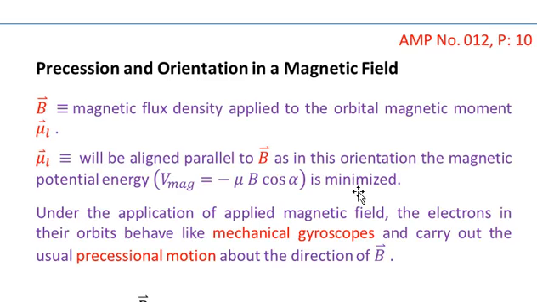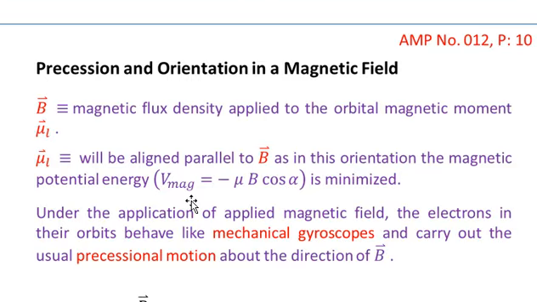When mu L is in the direction of B, alpha is 0 and cos alpha is 1, so V mag is equal to minus mu B, and this minus sign indicates the minimum possible value. So the magnetic potential energy has its minimum value when the orbital magnetic moment of the electron is aligned in the direction of the applied magnetic field. That is the case when the atom has its minimum energy.